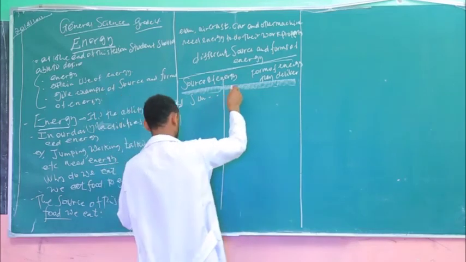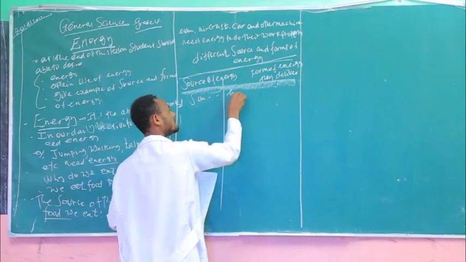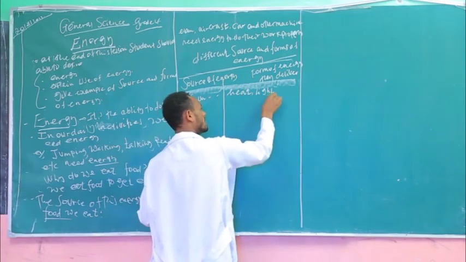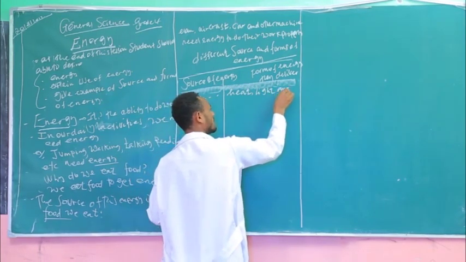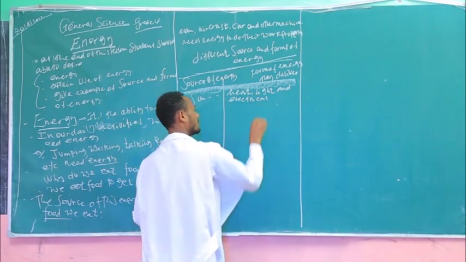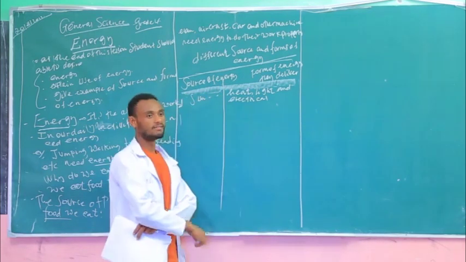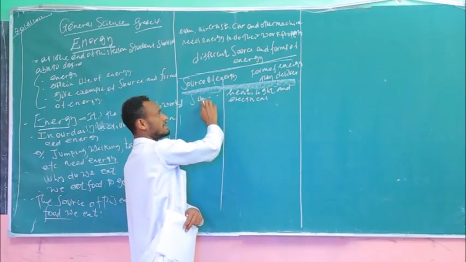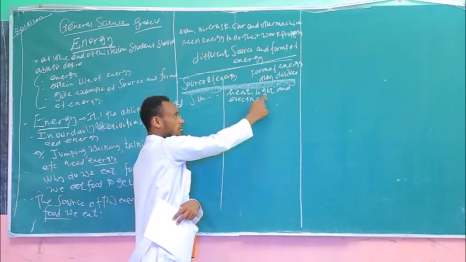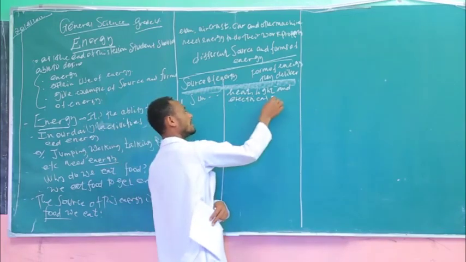Good. Look, students, the energy from the sun is delivered in the form of heat, light, and electrical energy. The sun can deliver energy first in the form of heat, secondly in the form of light, and in the form of electrical energy.